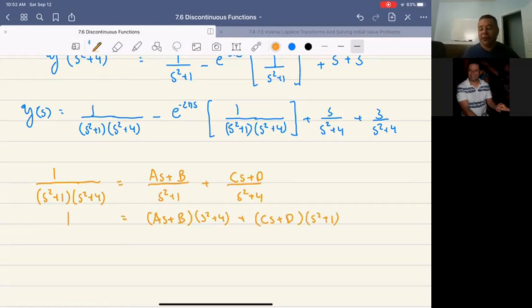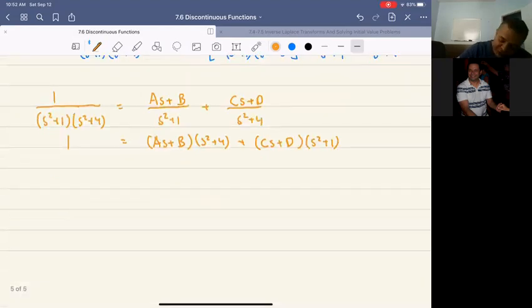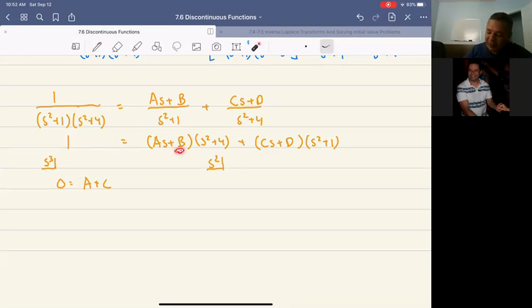Okay, so let's start with our s cubes. S cubes, that's going to give me 0 on the left-hand side equals, what has s cubed? There's an a and c, so a plus c. Okay, let's go to s squared. What has s squared? Well, there's the b and the d.